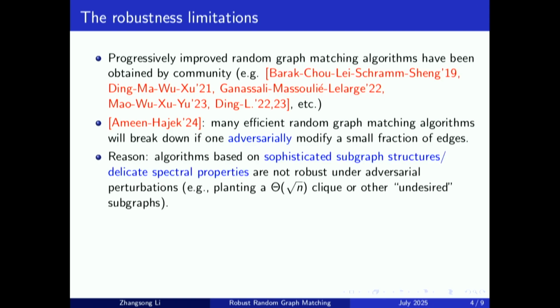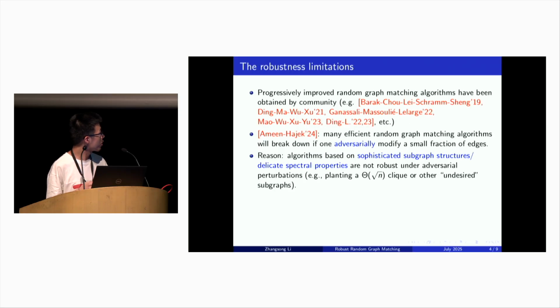The reason is that these algorithms are either based on counting sophisticated subgraph structures, or on very delicate spectral properties of the two graphs, so they are not robust under adversarial perturbations, like planting a clique or other undesired subgraph structures.